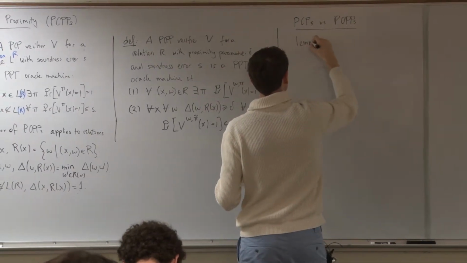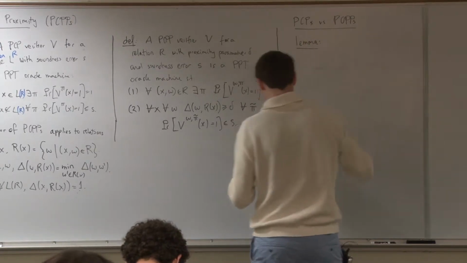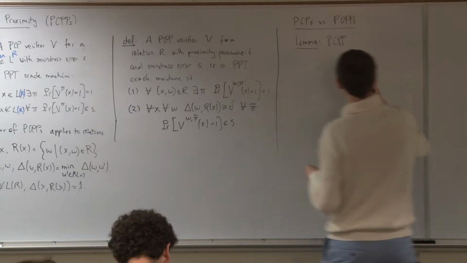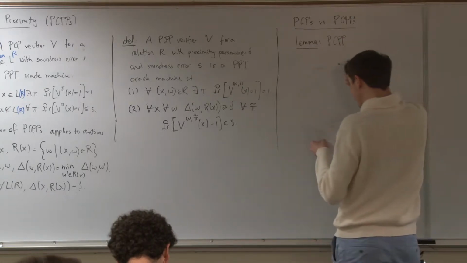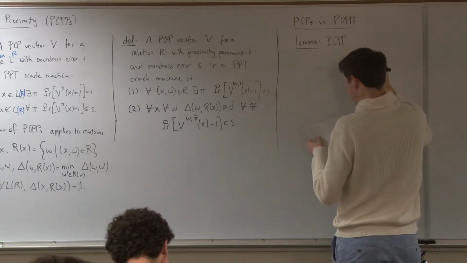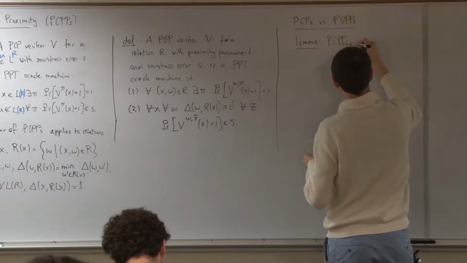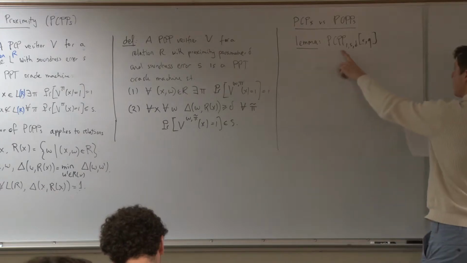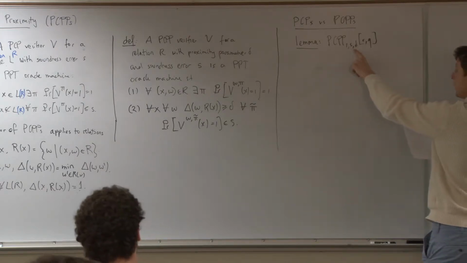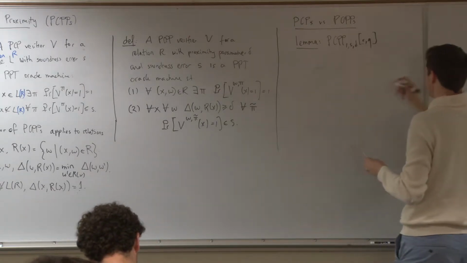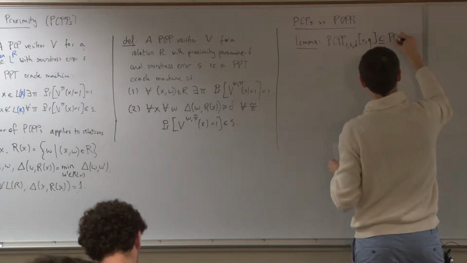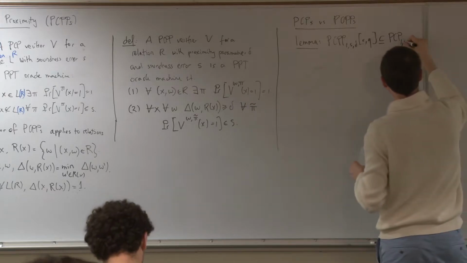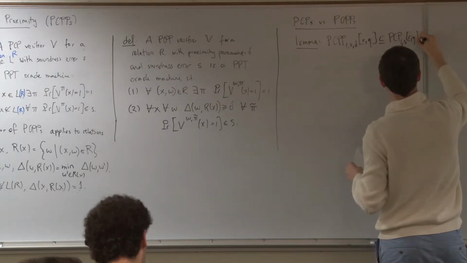One thing that we can prove rather straightforwardly, so that we can think about the definition, is that the class of languages that have PCPPs with these parameters, I'm saying completeness 1, soundness S, proximity parameter delta, and the usual things here, is contained in a class of languages, or rather we're really talking about relations, where we have basically all the same parameters.